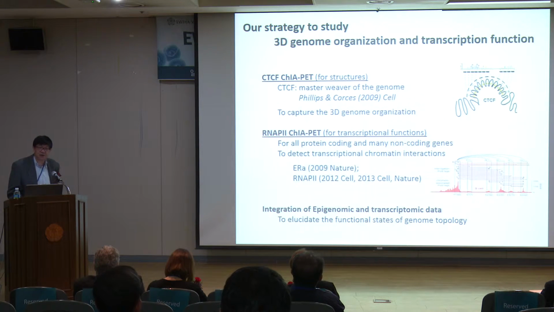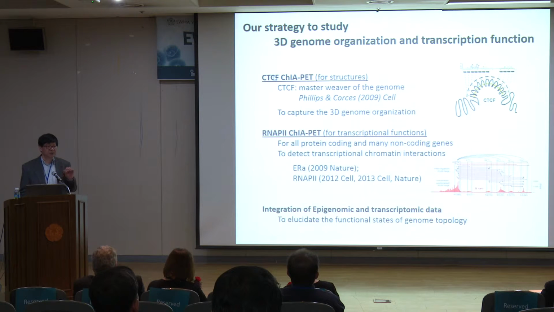Our strategy to address those questions with high precision is to use the ChIA-PET approach with a specific focus on CTCF, which is a chromatin organization protein, as well as RNA Pol II, which is a transcription factor involved in all transcription activities.